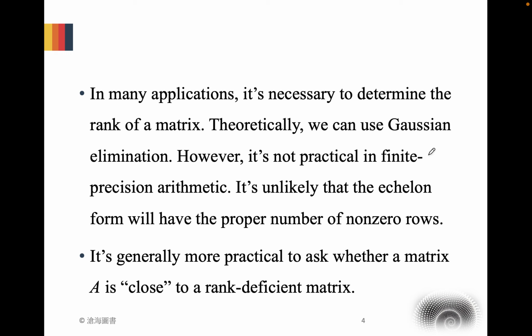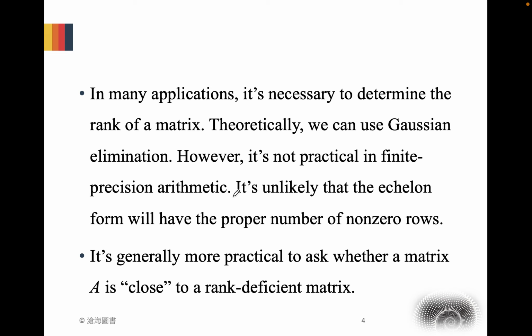It's not practical in finite precision arithmetic, because when we want to store this matrix in a computer, we need to digitize it. And in many real applications, the numbers in a matrix would be of finite precision.